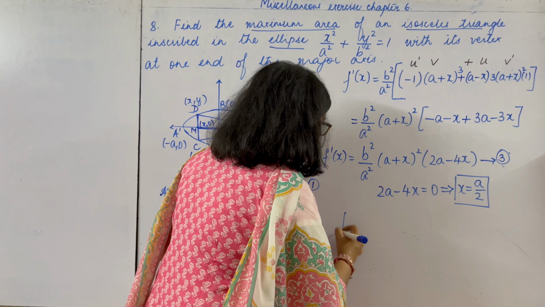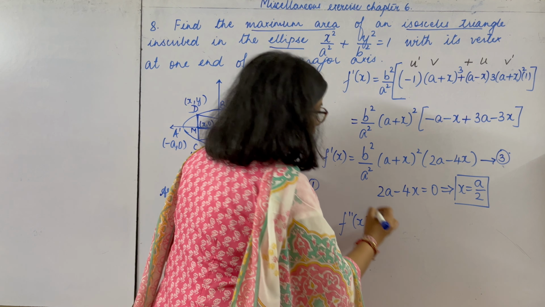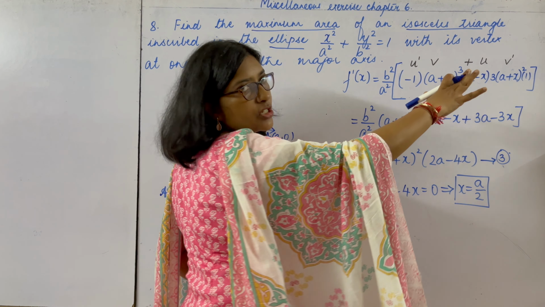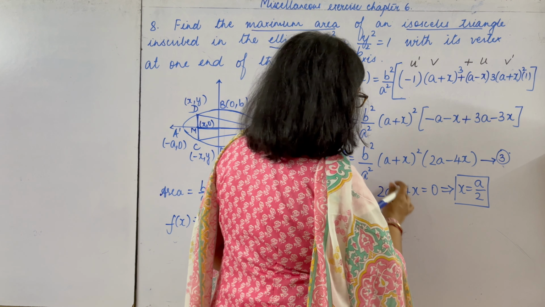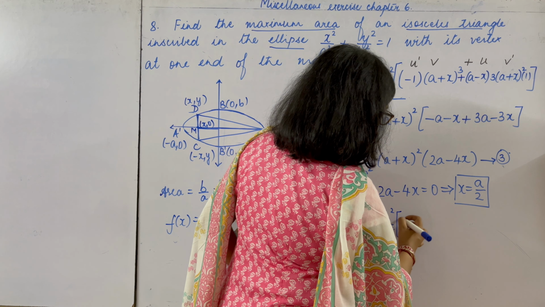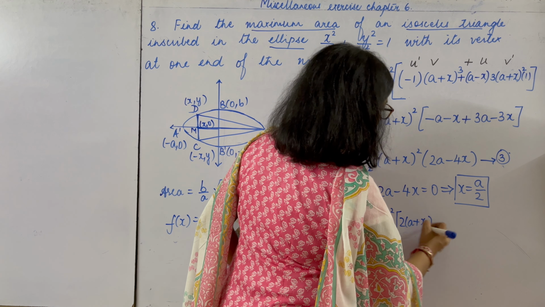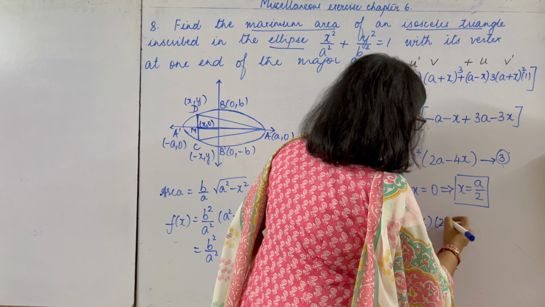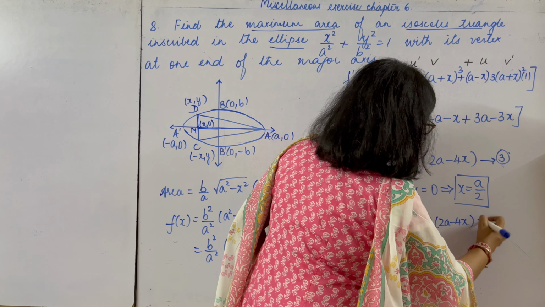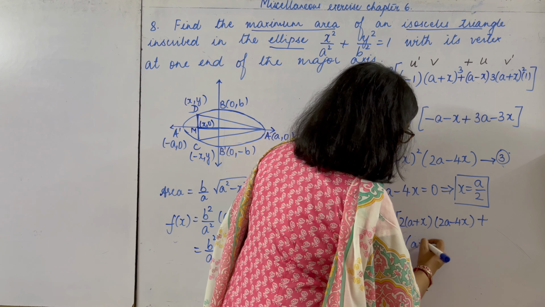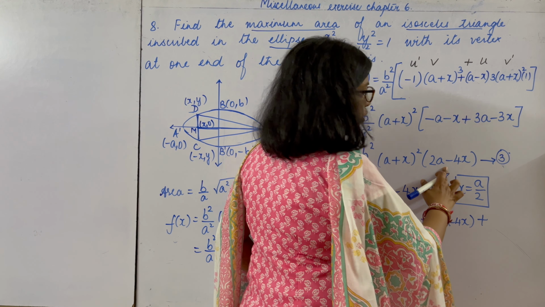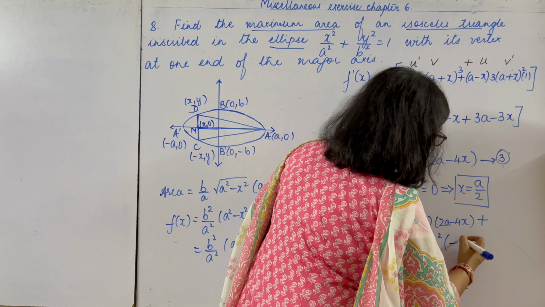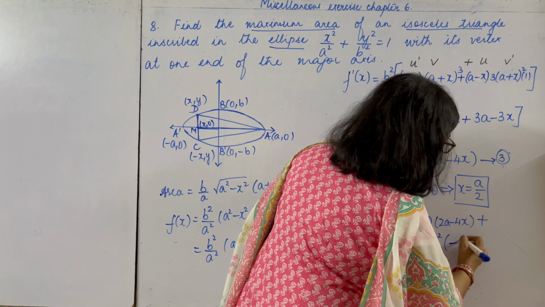Now to look for maximum, let's find f double dash x, once again using u dash v plus u v dash. The derivative of this is 2 into a plus x, and again the derivative of a plus x, which is 1, plus a plus x whole square, and the derivative of 2a minus 4x, which is 2a constant minus 4 into 1.